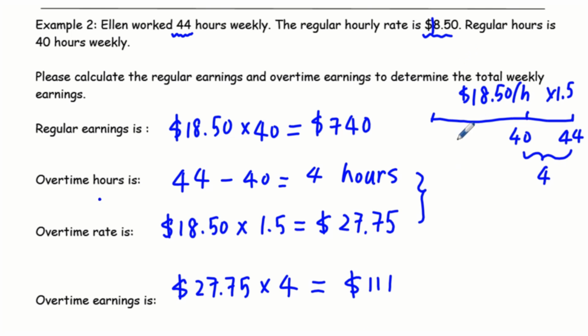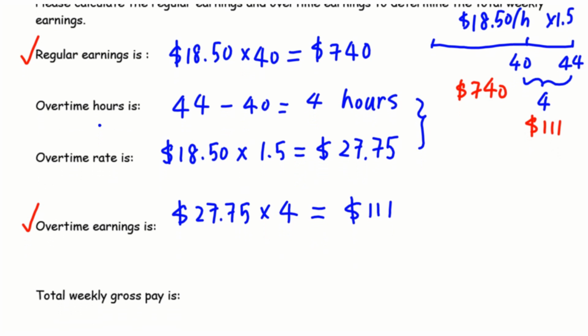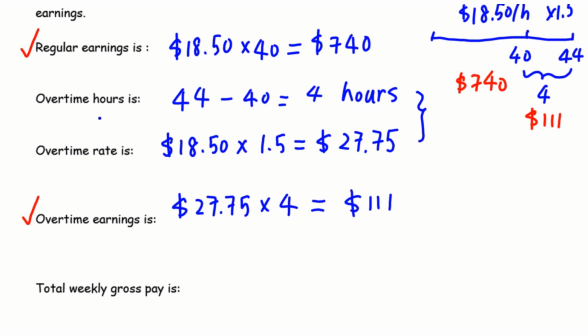So now the total, so this part we are going to make is the regular pay here altogether is $740, and for the overtime part is $111. The total pay for 1 week before deduction, before tax is these two added together. So this regular hour earnings plus overtime earnings will give you the total weekly gross pay.